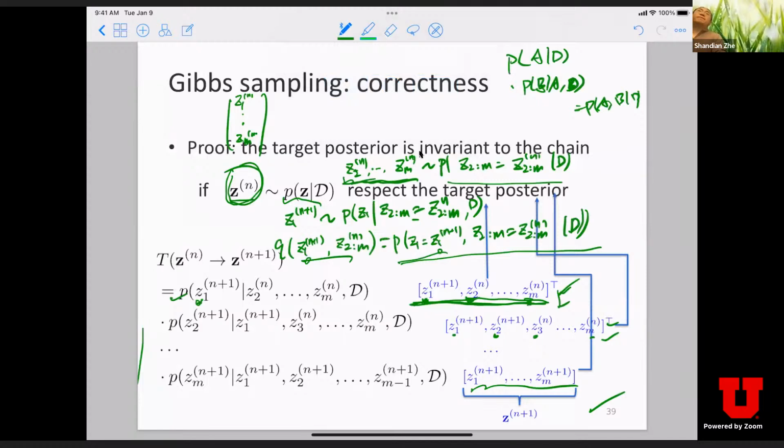Does it make sense? This is just a game of using conditional probability multiplying with marginal probability. Okay, that's it. Any questions so far?